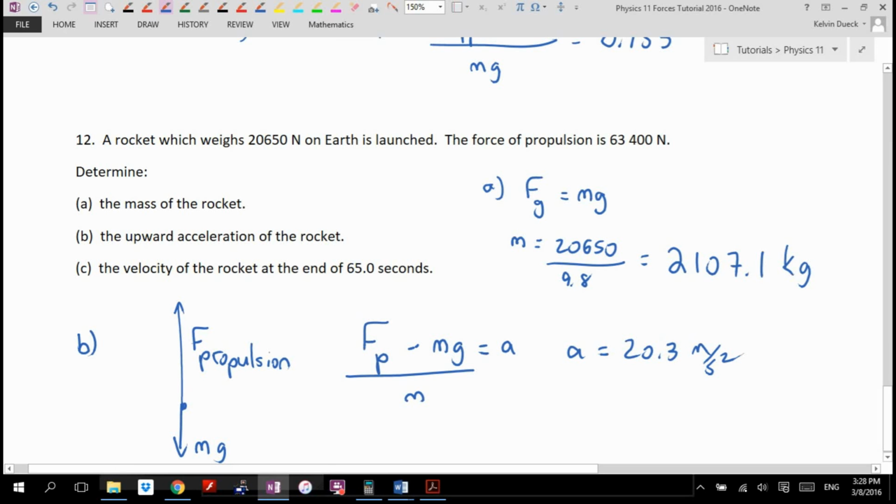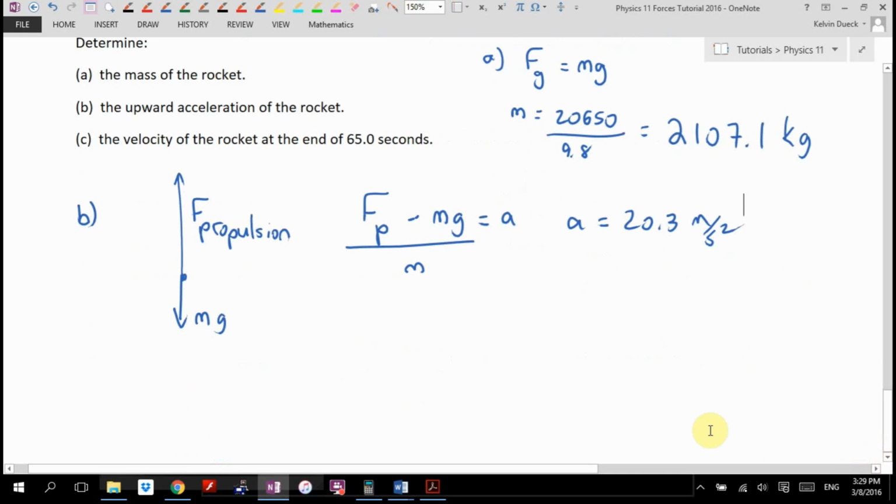Okay. Then, are you guys okay? Part C, finding VF. VI would be 0. VF, don't know. T would be 65. Do you want me to, you know what? I see a few of you looking at me blankly. I'll get it started. I think I'd go like this. I've seen rocket ships.